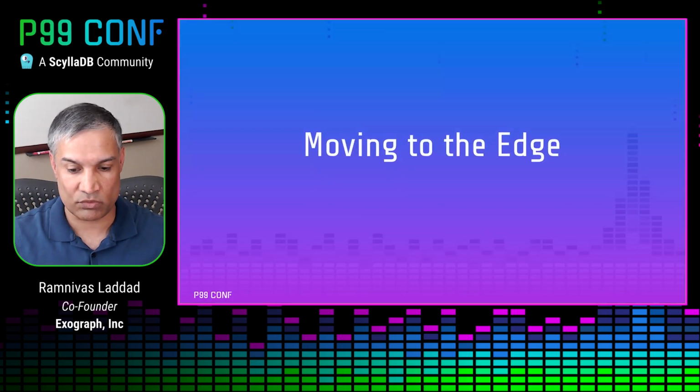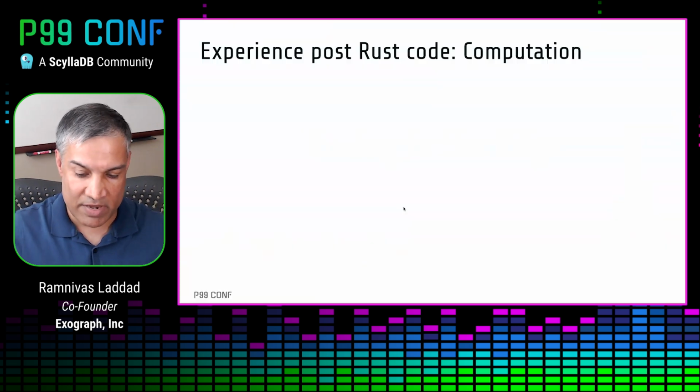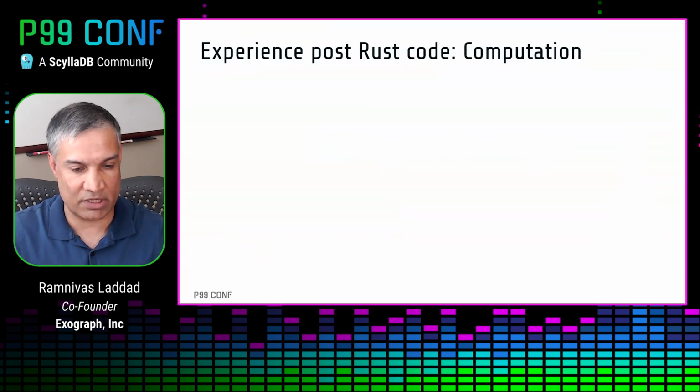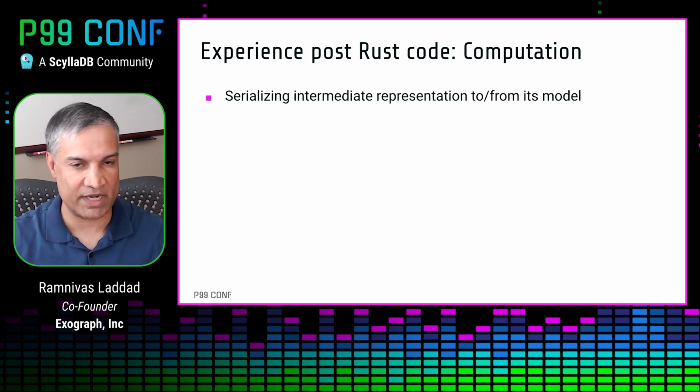When we started to look at Exograph and wanted to make it available on edge computing, we had some challenges, and I want to walk you through them quickly. If you look at our code, which is available on GitHub, we can put it into effectively two buckets. One is computational code, such as taking the exo file and converting it into its model, and parsing and validating a GraphQL query.